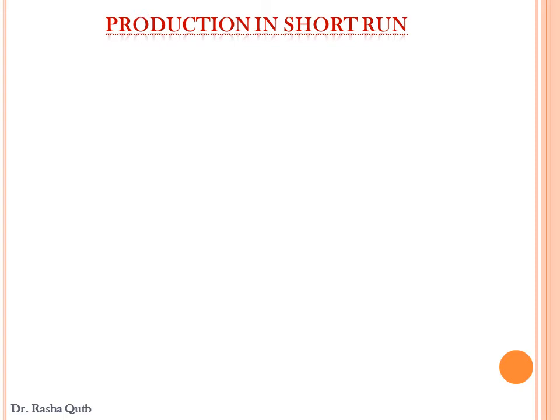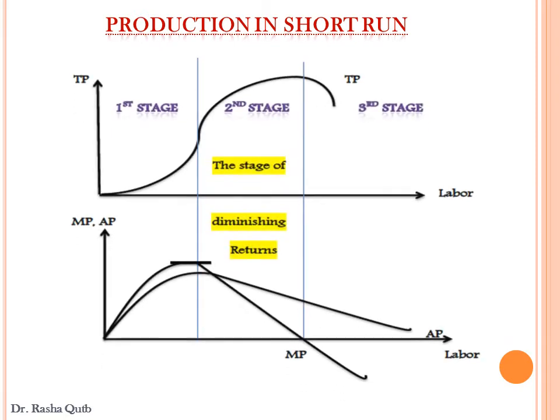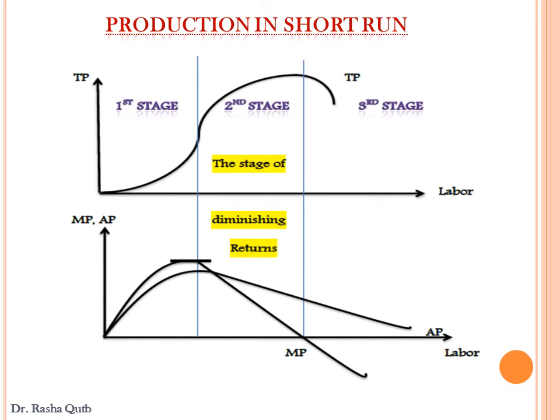Thereby, what would happen to the level of output as we add more and more units of this variable input? This question can be answered by the law of diminishing return, which governs the relationship between output and input in the short run. According to the law of diminishing return, as we add more units of variable input, which is labor, to a given amount of fixed input, which is capital, the marginal product of labor and average product of labor eventually decrease.